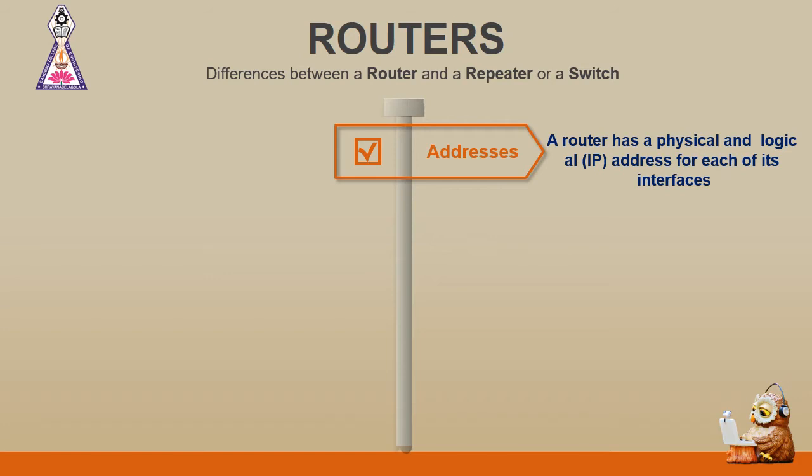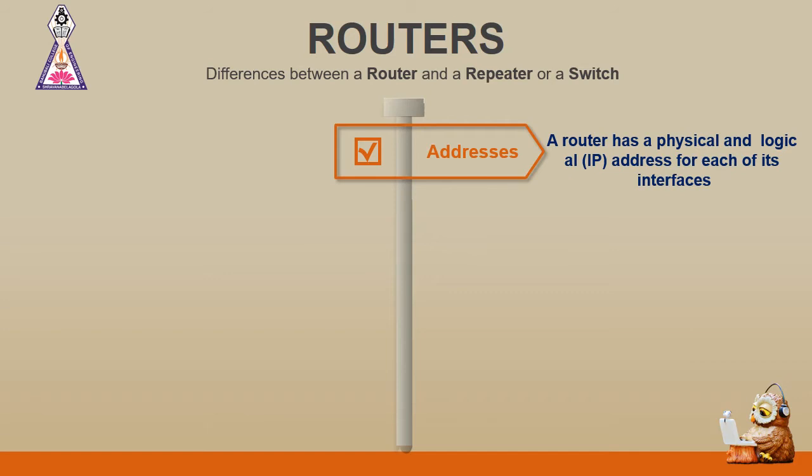In a router, every individual interface will have a separate physical address as well as a separate logical address, or the IP address, which was not present in the repeaters or in a switch. The repeater used to have the physical address, but it never had the logical address. And in the switch also, it is not that every individual port had a different physical address.